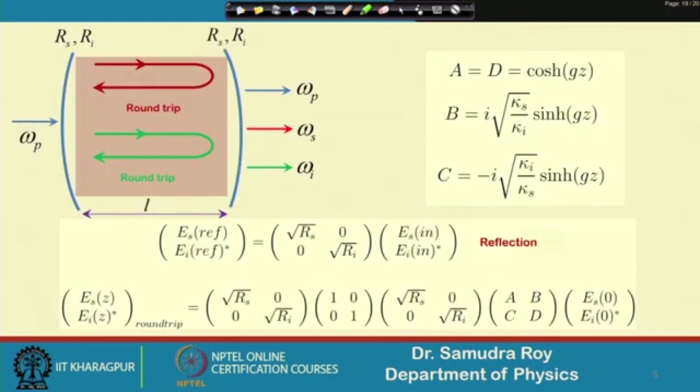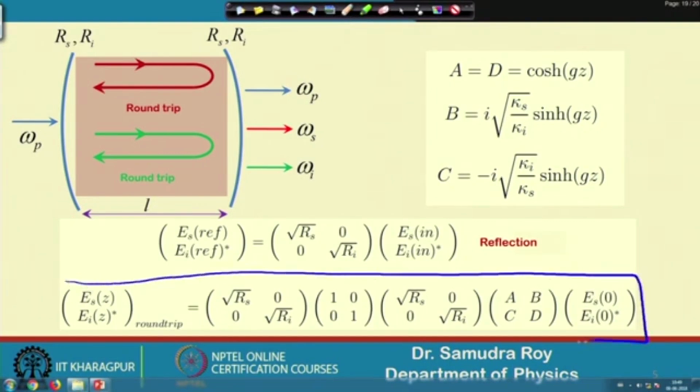And also in the previous class we found the expression of the field after a round trip with respect to the input field for the two fields Es and Ei. So, this is the expression we derived last day with the reflection matrix and the corresponding propagation matrix.